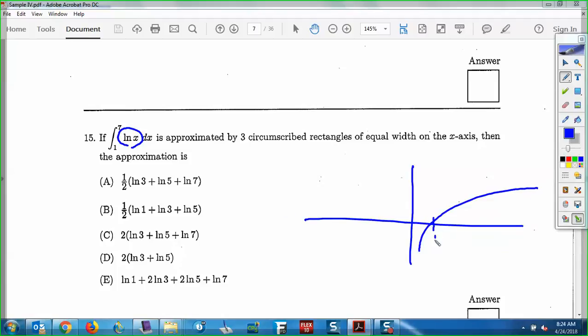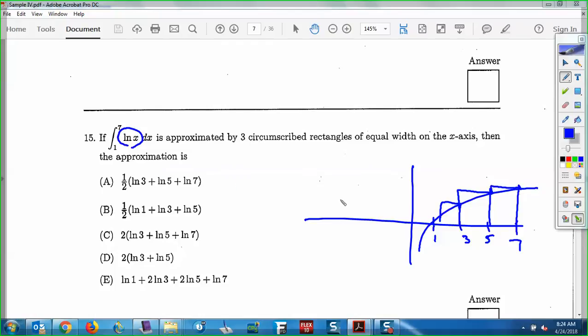Well, that's what you need to know, right? You need to know that the log graph looks like this. And so from 1 to 7, what are circumscribed rectangles going to be? They're all going to be rights. So you're going to be at 3, you're going to be at 5, and you're going to be at 7.